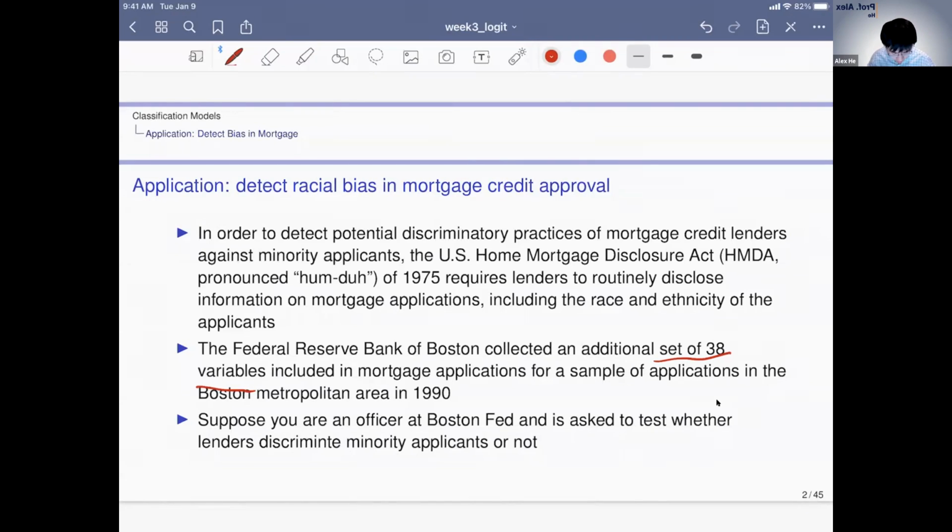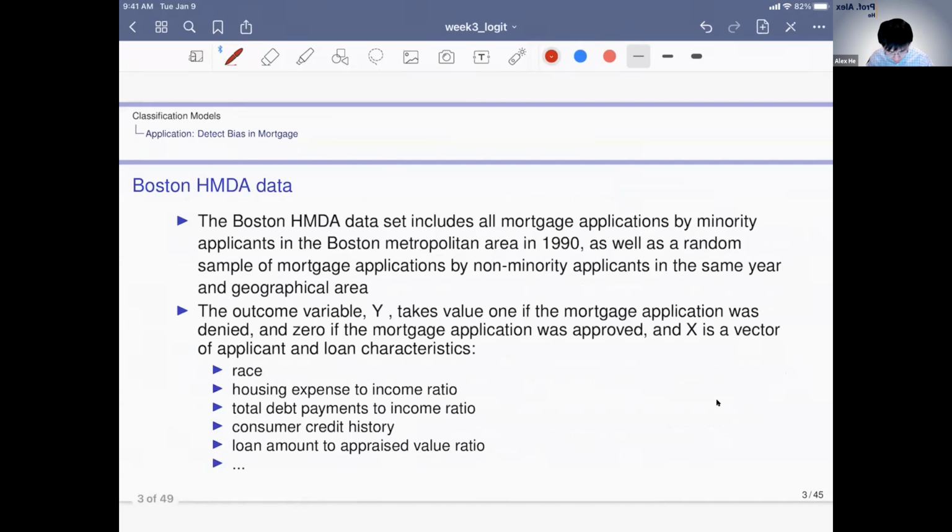Now, suppose you are just an officer at the Boston Federal Reserve, and you're asked to test whether there is discrimination. So how would you do it? In this data, the outcome variable Y is whether this application is accepted or denied.